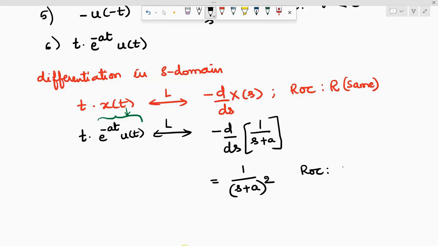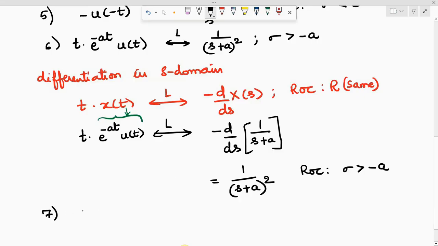Same R, sigma greater than minus a. So t into e power of minus a t u of t has Laplace transform 1 by s plus a whole square, and the ROC is sigma greater than minus a.